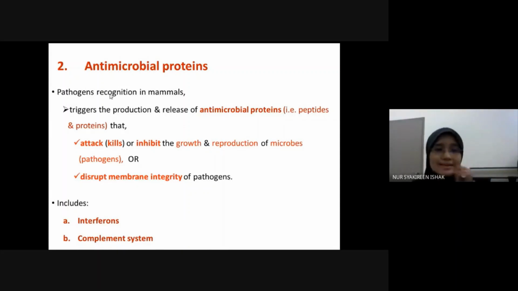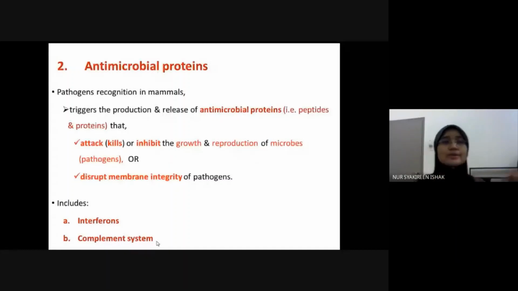So examples of antimicrobial protein, you have interferons and complement system. Interferons adalah untuk chemical yang terlibat dalam poin yang pertama ni. Okay, so this involves the interferon, and the complement system terlibat dalam ni, disrupt membrane integrity. So the function of the complement system is to form pores at the plasma membrane of the pathogen. Okay.